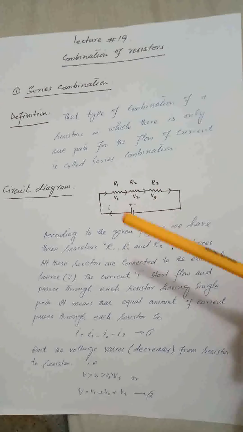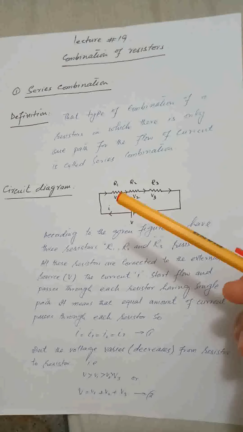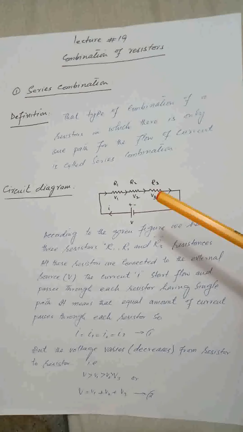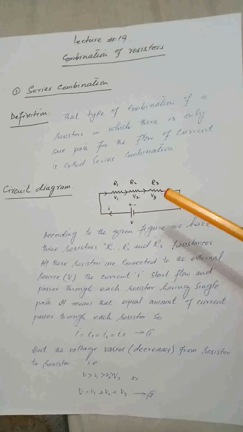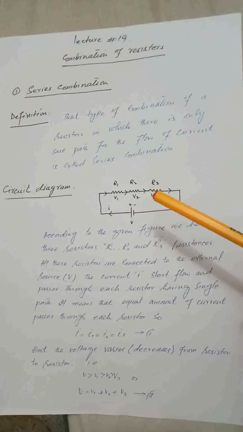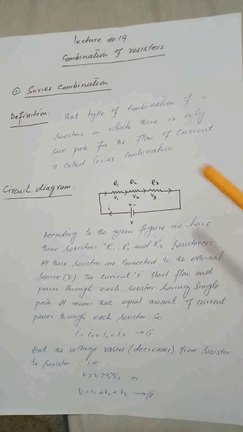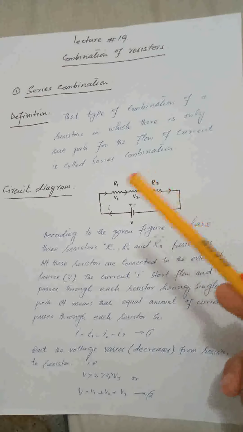Because if the battery supplies 10 charges, these 10 charges pass through R1, also through R2 and also through R3 because the path is only one. When the path is one, the same amount of charge flows, that's why the current will be the same.